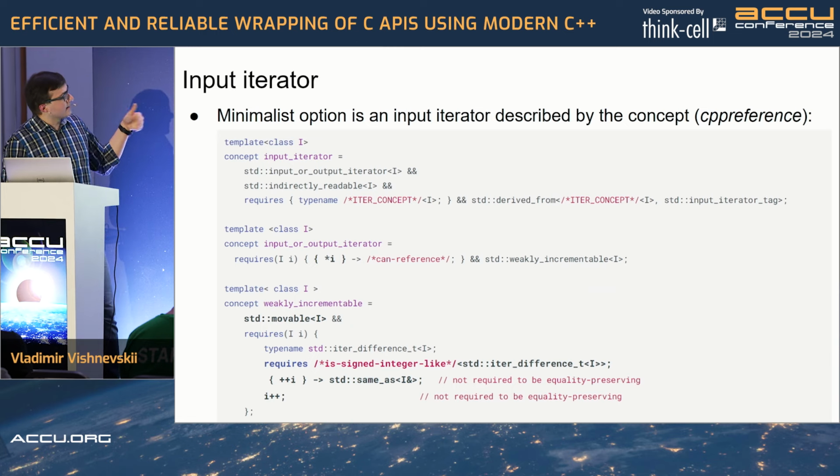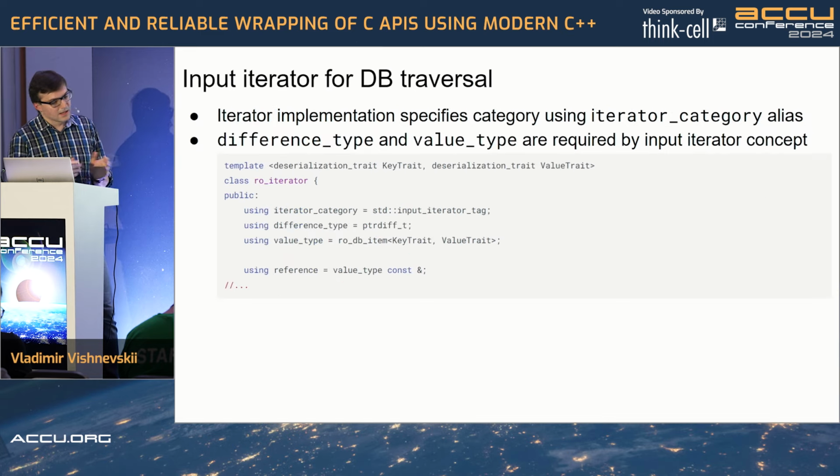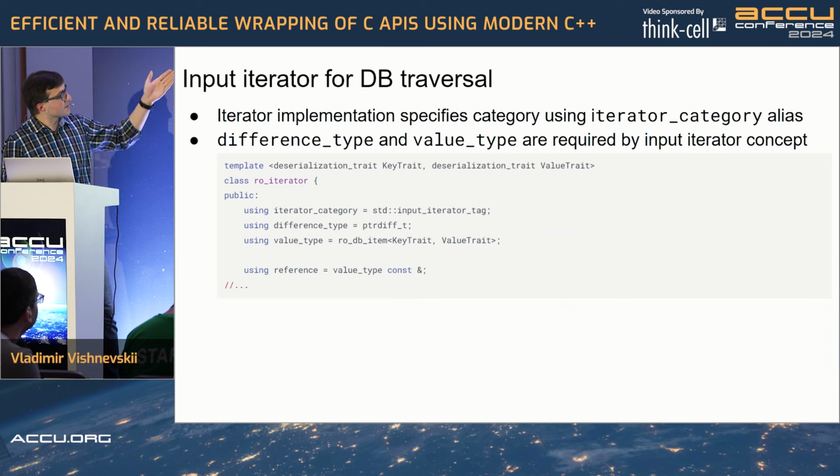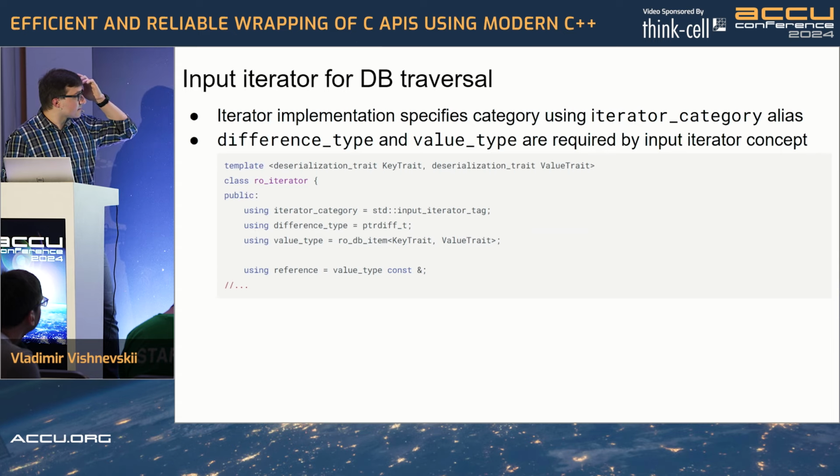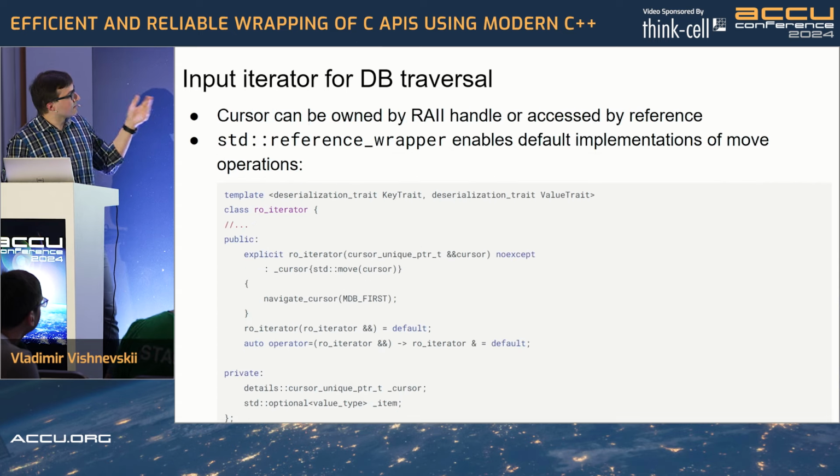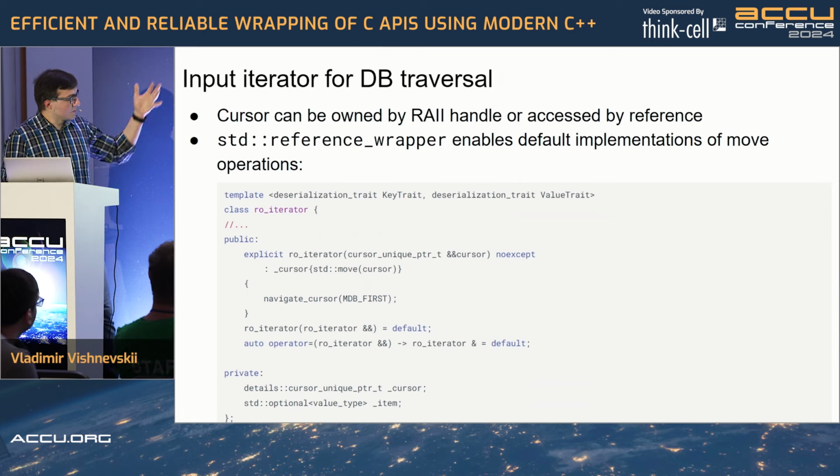This is helpful. In our case, to really have the implementation of the iterator, we need first of all to support some nested declarations, specify the iterator category, like input iterator, then provide the value type and difference type, and then implement the methods of the iterator using this low-level API.